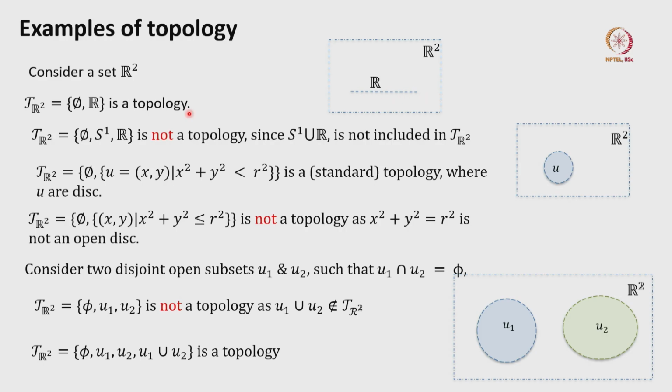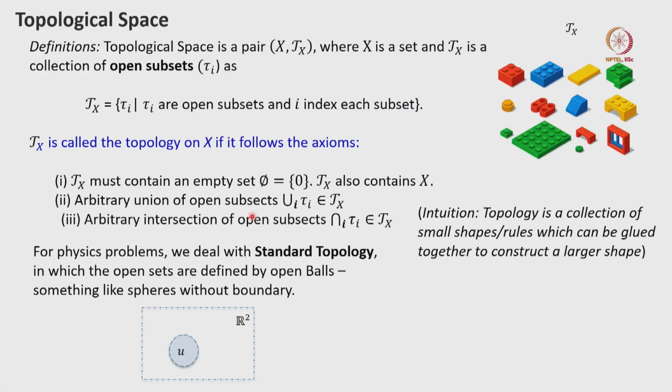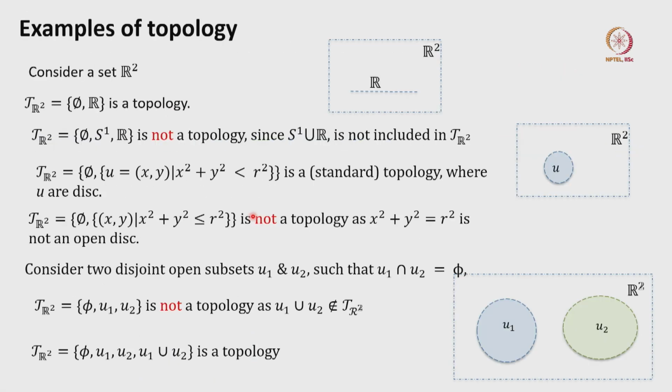You can actually go back and see that it follows all the 3 axioms, including of course the empty set. But then if I give R and S, a circle, can I build a topology? Can you call it a topology? No, it is not, because the union of them is not included in this topology. So, it violates one of the axioms.